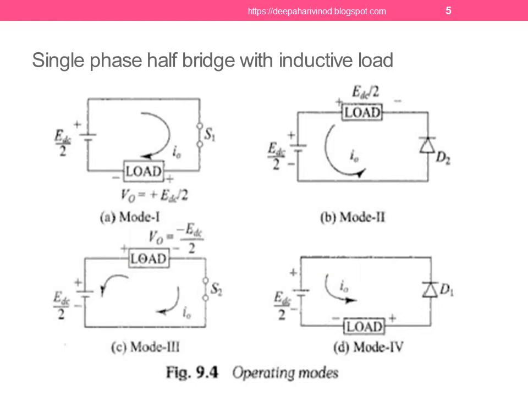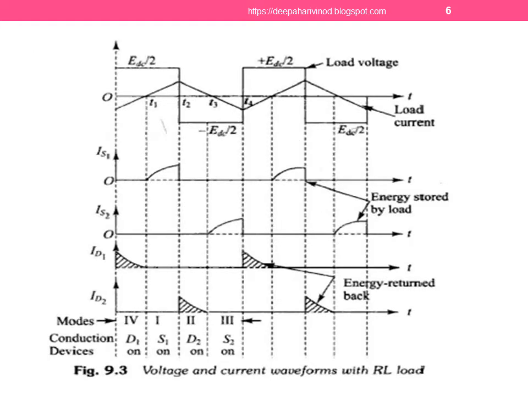Let us go deeper by looking at the waveform. Here we can see the voltage and current waveforms with RL load, that is inductive load. This waveform shows the load voltage and the linearly increasing load current.